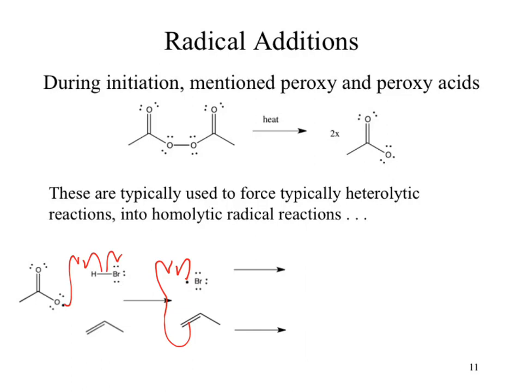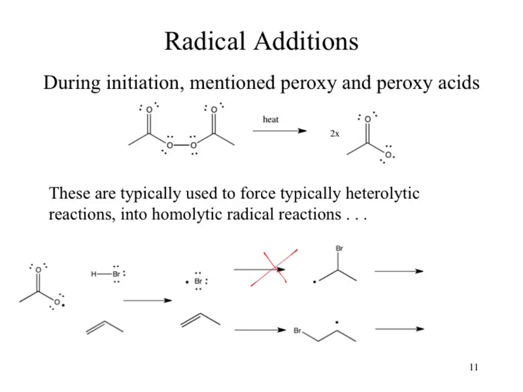Moves to which carbon of the pi bond? Why does it move to the secondary one? We would expect it to move to the secondary position. So we have two possible options. We have a secondary radical or a primary radical. The secondary is more stable, so the primary reverses and does not actually end up forming.